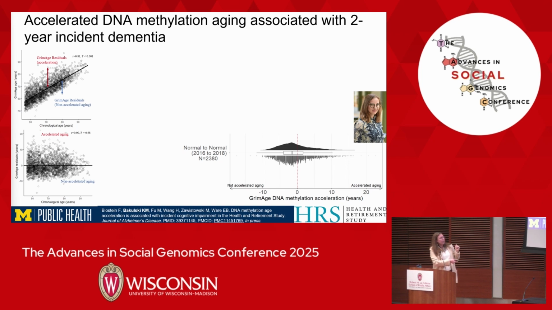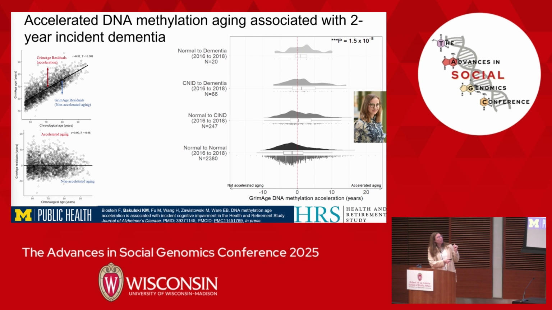Right now we see these people tended to have decelerated epigenetic aging at baseline, and they stayed normal cognition over follow-up. Here's the people who transitioned from normal cognition to impairment. You see that median line's moving over. Here's the people who went from impairment to dementia, and the people who jumped from normal cognition to dementia over follow-up. So we're seeing there's some association here with the outcome measured prospectively.